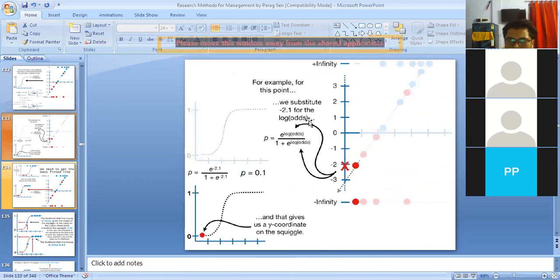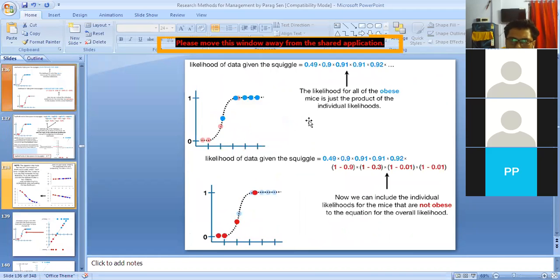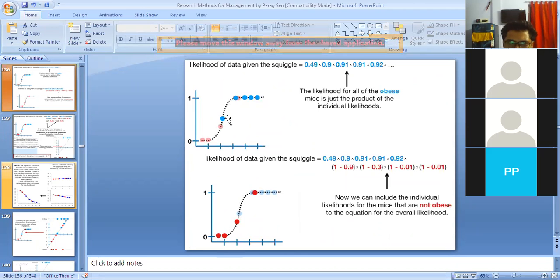After transforming, you can find out all these values. If you multiply those values, you can find out the likelihood for this particular curve. Similarly, if you shift the curve here, then in the same way you can find out the likelihood for all these curves.